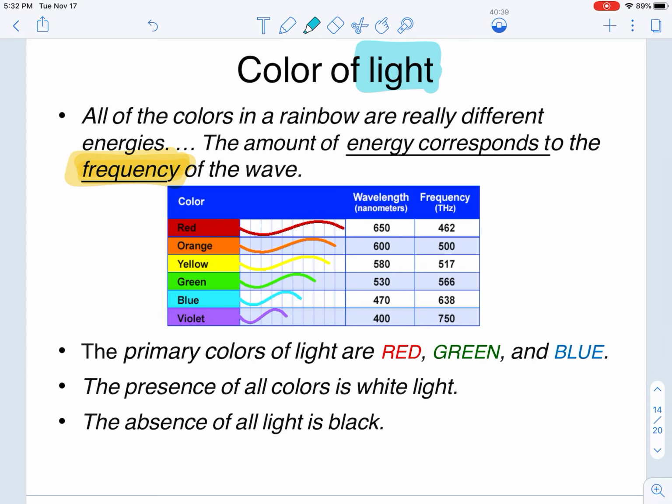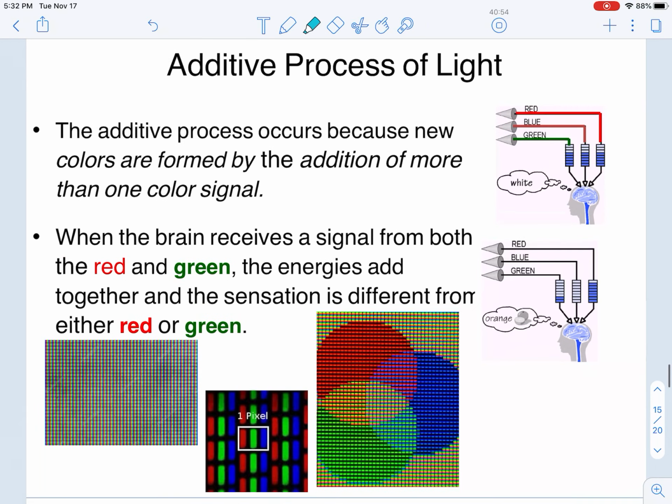That is an ultraviolet light that is being emitted from those bulbs, not part of the visible light spectrum, not one of our colors, okay? So for quiz test questions, the presence of all colors of light are going to combine to give you white. The absence of all light is going to be identified as black, okay?